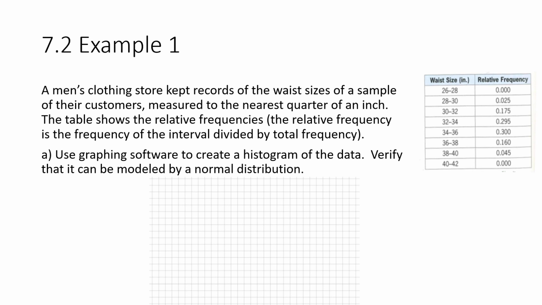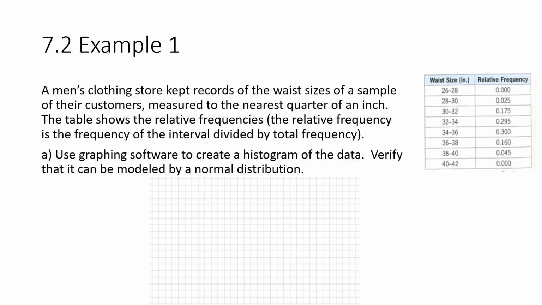So let's look at a simple example first from 7.2, example 1. A men's clothing store kept records of the waist sizes of a sample of their customers measured to the nearest quarter of an inch. The table shows the relative frequencies, so that's just the frequency of the interval divided by the total frequency.